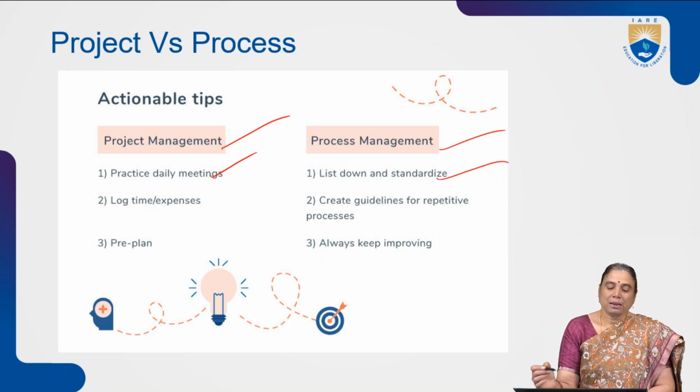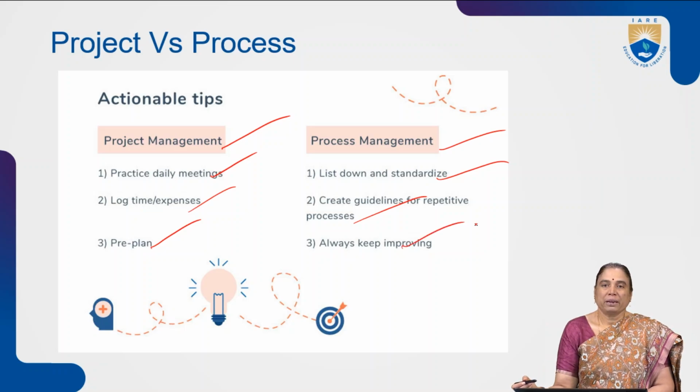Project management concentrates on logging time and expenses, but process management creates guidelines for the repetitive process. And the actionable tip in project management is pre-planning before implementation, but always keep improving, so whatever repetitive tasks are there are mitigated, and process improvement is majorly concentrated in process management.